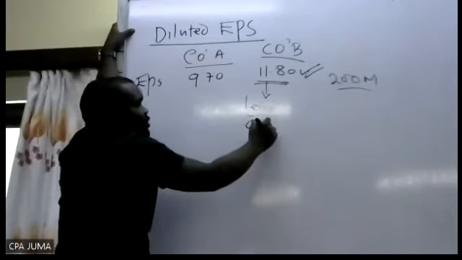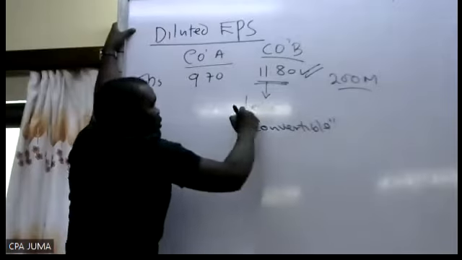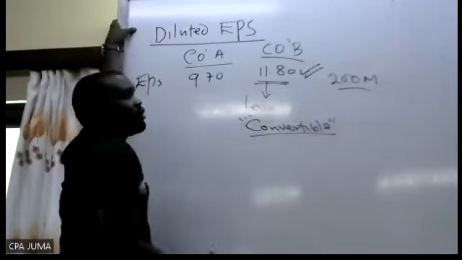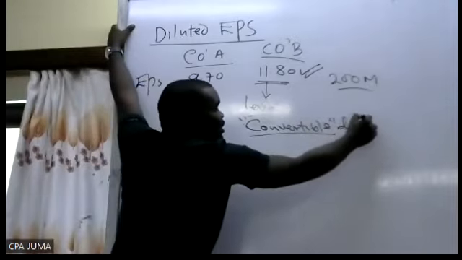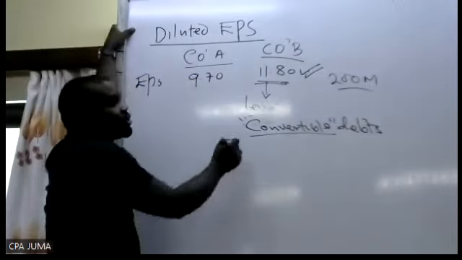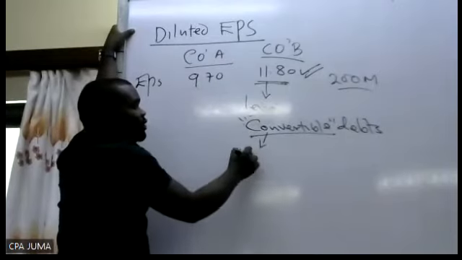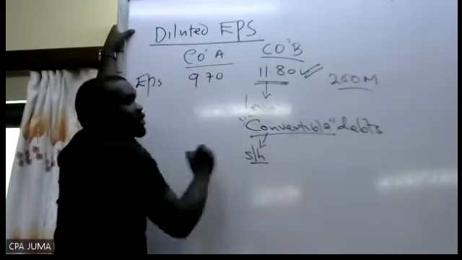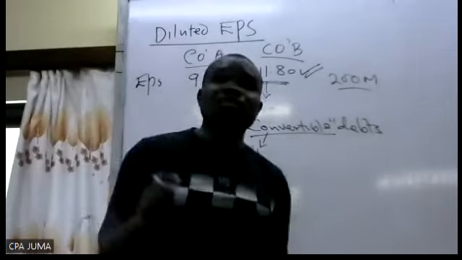Clause what? Convertible. Convertible means, for example, if they are convertible debts, then at maturity these people will not redeem their cash. They will come to join and they will be what? Shareholders.